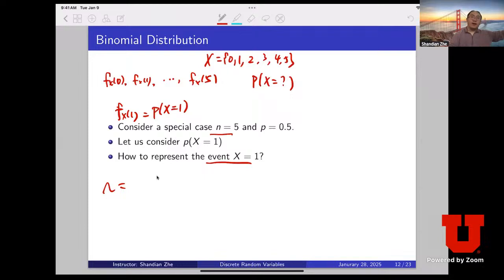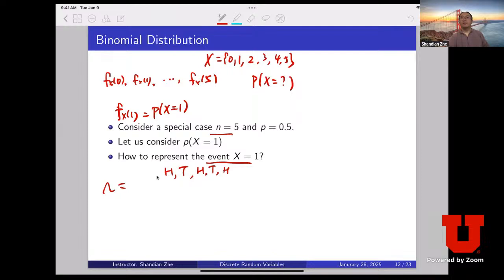Suppose the first time you see head, the second time tail, the third time head again, the fourth time tail, and the last time head again. This sequence of sides you see throughout these 5 trials forms your outcome. It's not just one side. You actually will see 5 sides corresponding to the results after 5 trials.